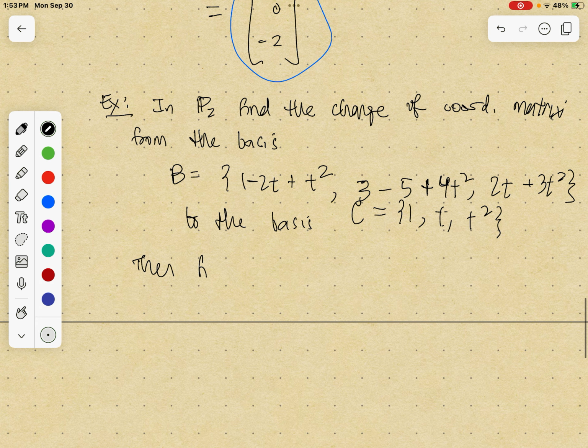And then find the B coordinate vector for negative 1 plus 2t.